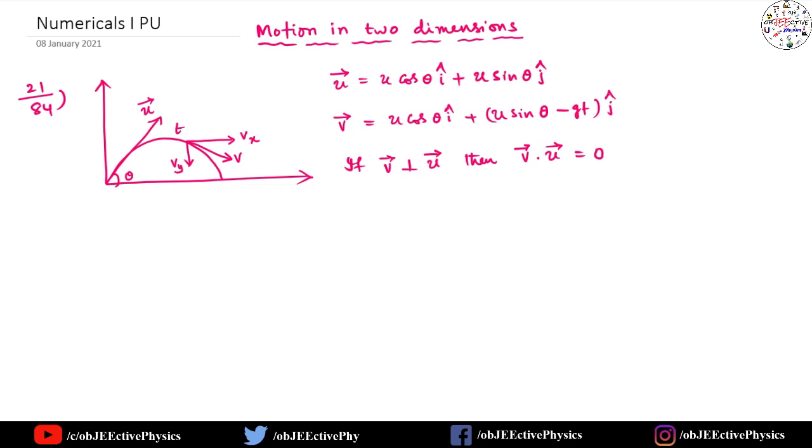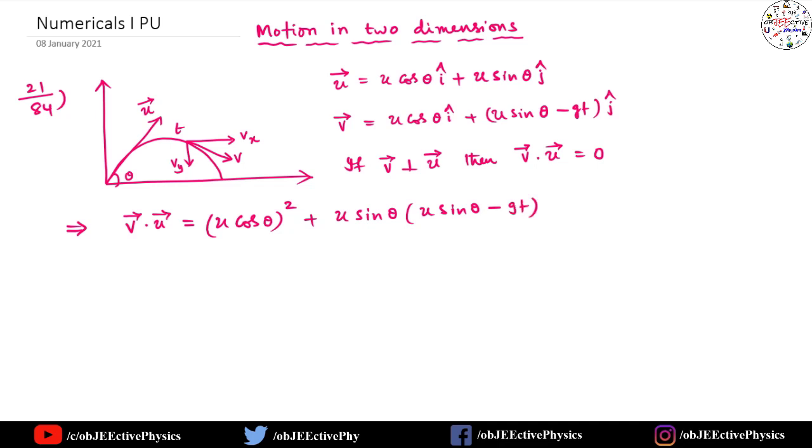Here in case of projectile, the horizontal component at all points is the same, but the vertical component changes. The dot product is the i coefficient into i coefficient in both the vectors, u cos theta into u cos theta, that is (u cos theta) whole square, plus the j coefficient in the first vector into the j coefficient in the second vector.